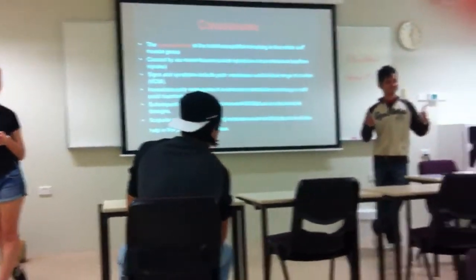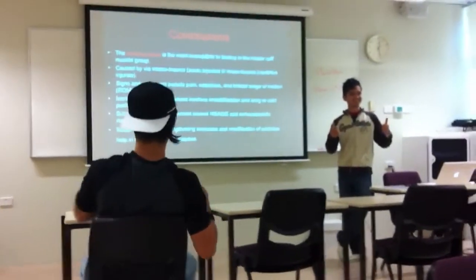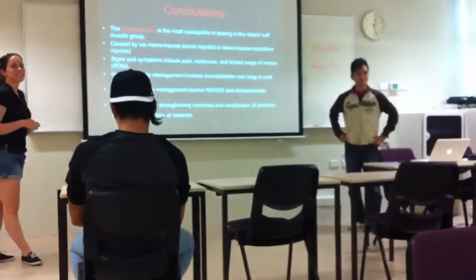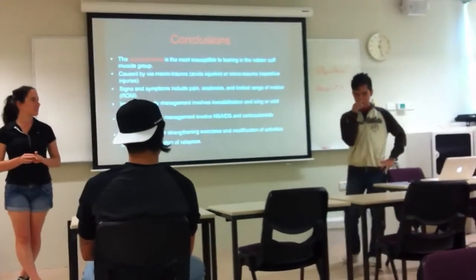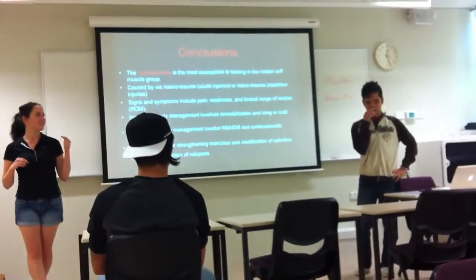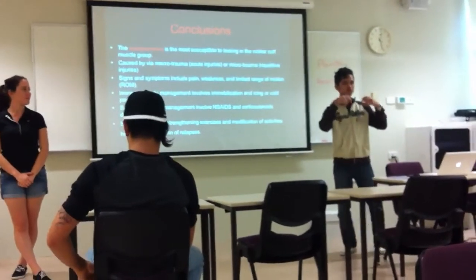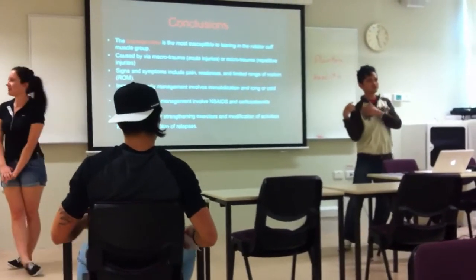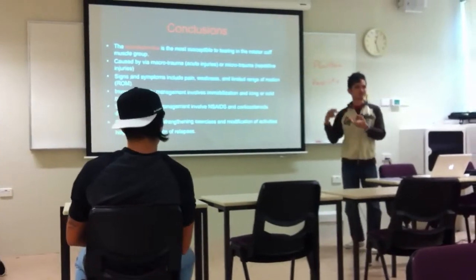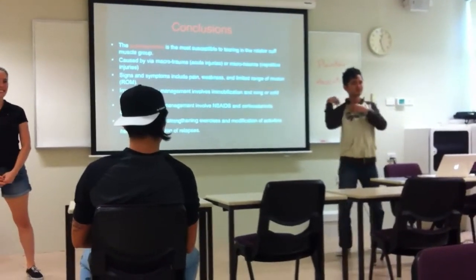Is that good? I've got just 2 quick questions. You mentioned shoulder impingement. What is impingement? Impingement is basically, how do I say, when it gets caught, encroaches on the other.